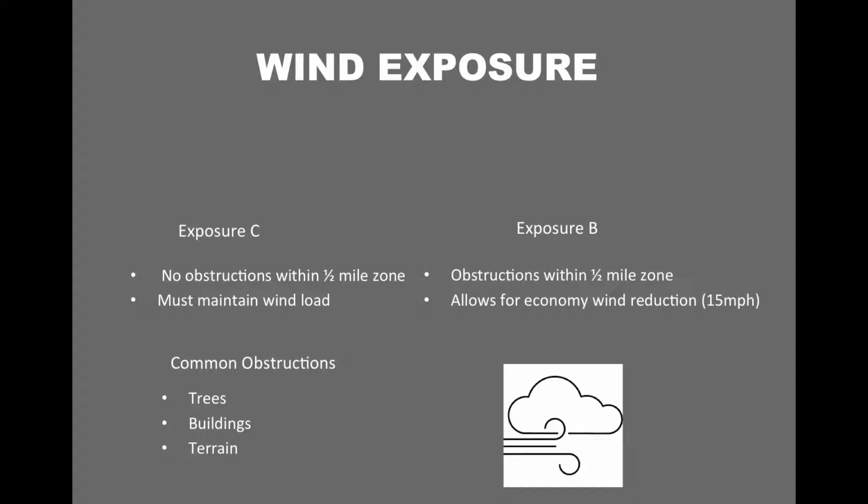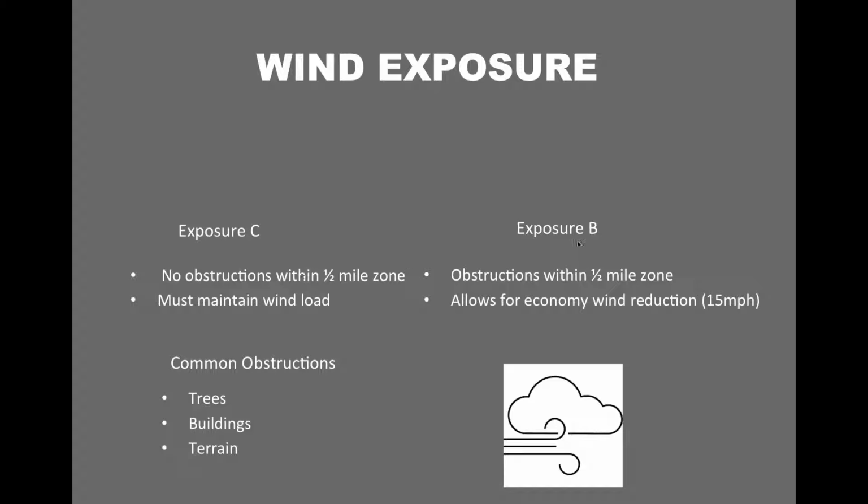So it kind of is broken down here. You've got really two main options. You've got exposure C. This just means that there aren't any obstructions within a half mile of your building. If that's the case, then you have to continue to use the standard wind speed, which in this case would be 115 miles an hour.